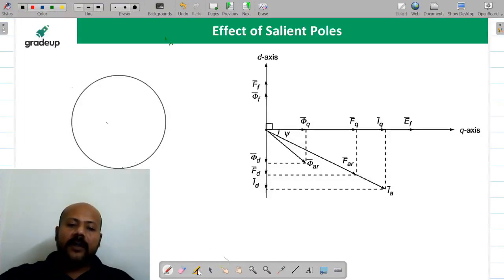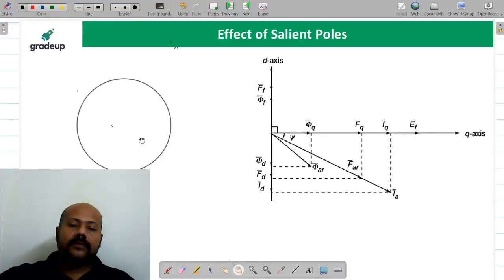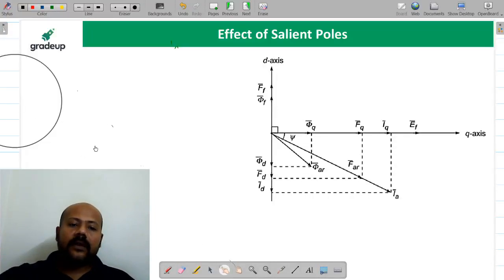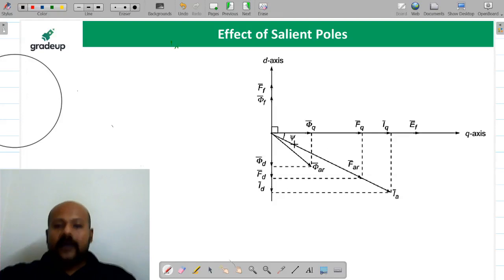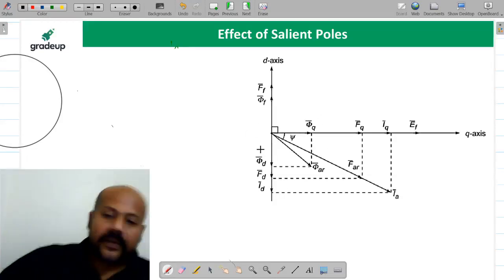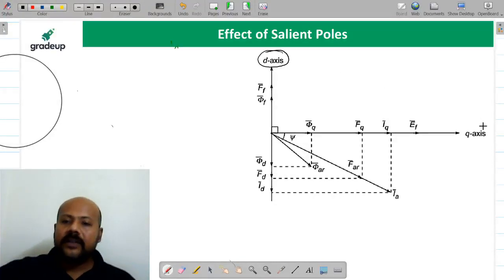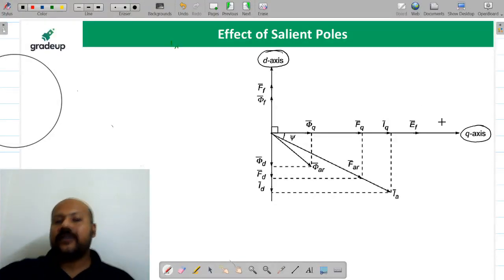Okay, now you just focus here, beta. All of you focus here. This we are calling as D axis. Yes or no? And this we are calling as Q axis.